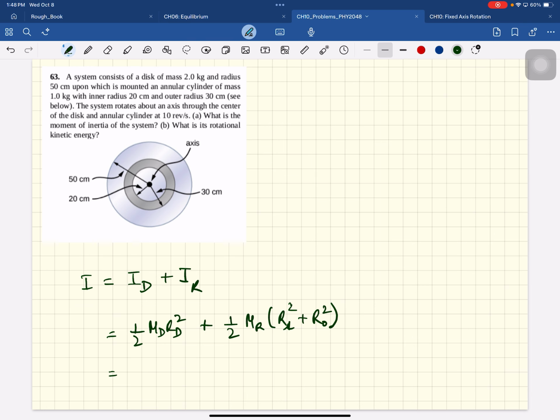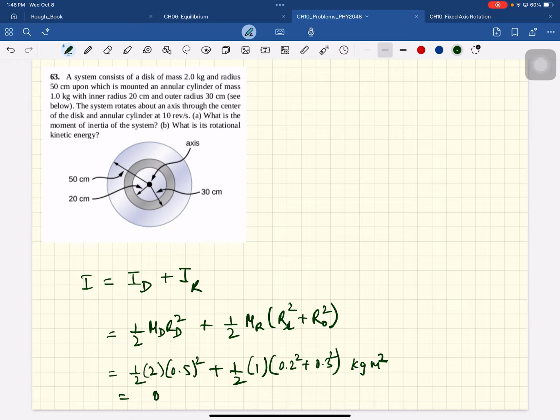So the mass of the disk is 2 kg, and the radius is 0.5 meters squared, plus 1/2 times 1 kg times 0.2 squared plus 0.3 squared. And this is in kg meter squared.